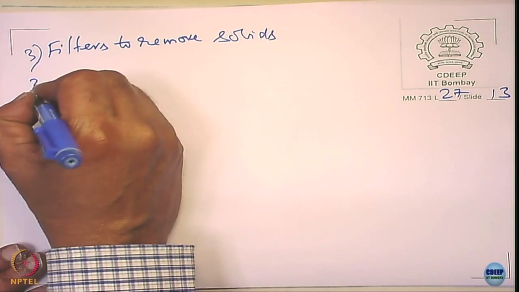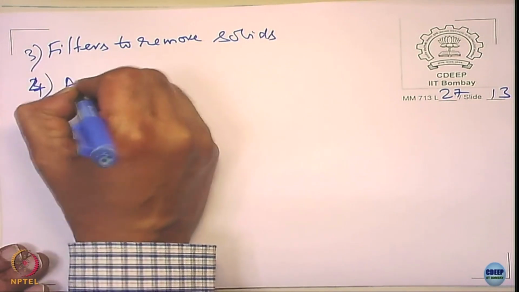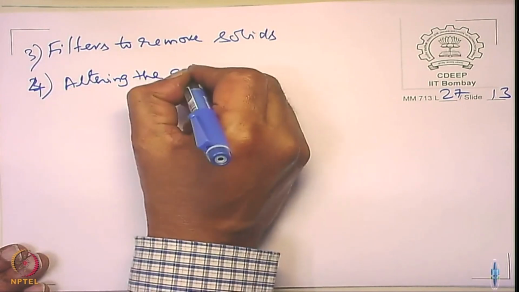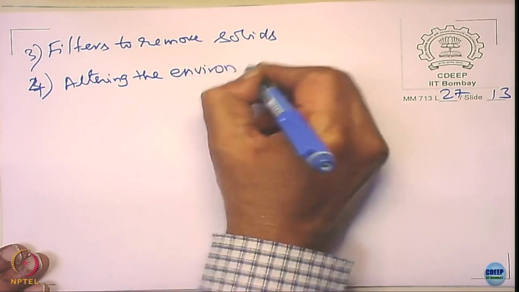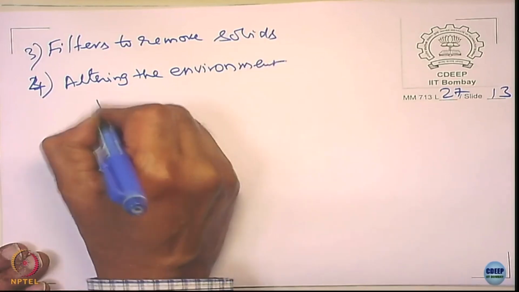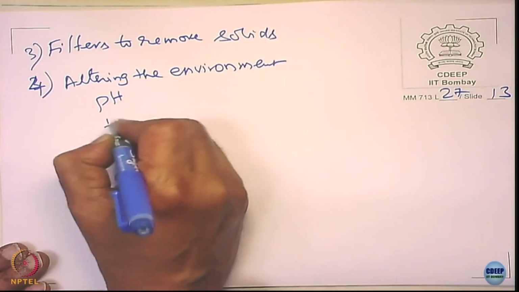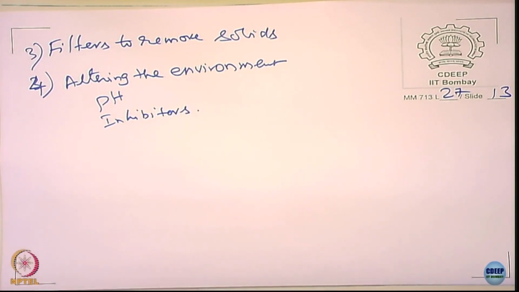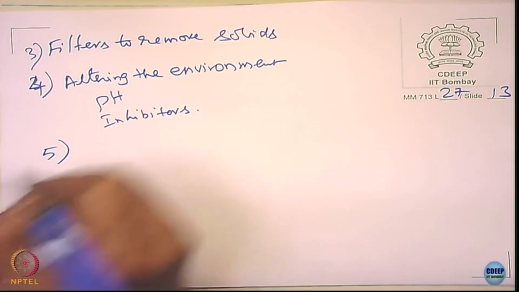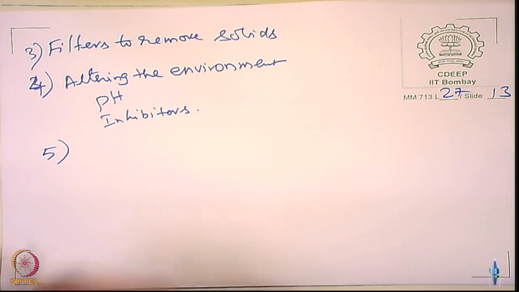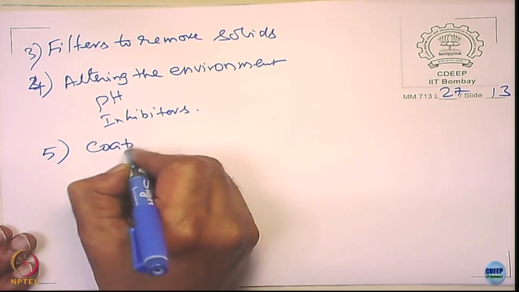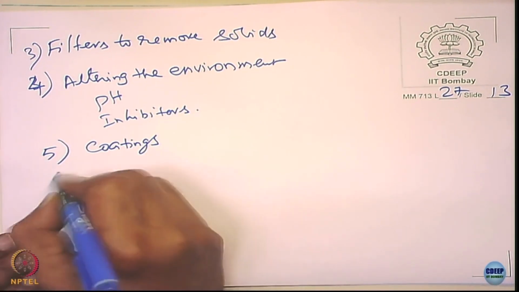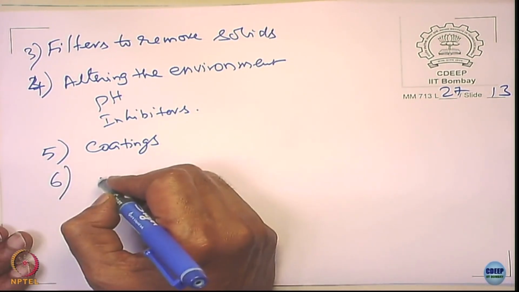You can also talk about altering the environment: pH control, inhibitors, all these things you can do. You can talk about hard coatings. You can look at the time tested one, what is called cathodic protection, where possible.